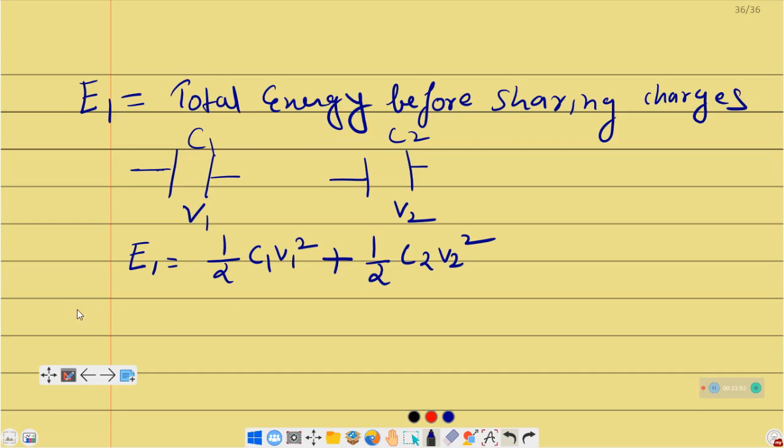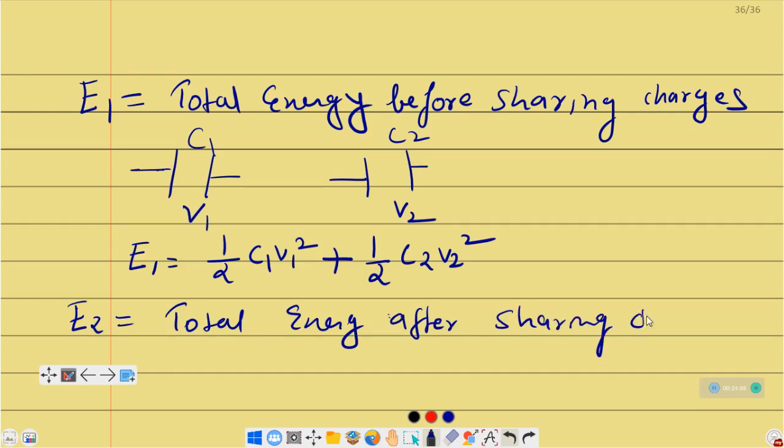Let's say E2 is the total energy after sharing charges, meaning the total energy of the two capacitors after connecting.